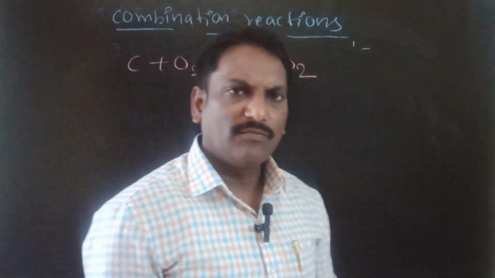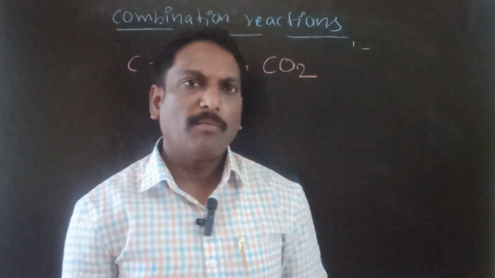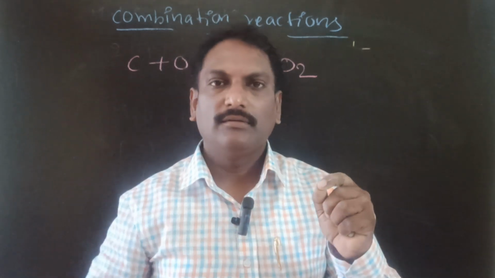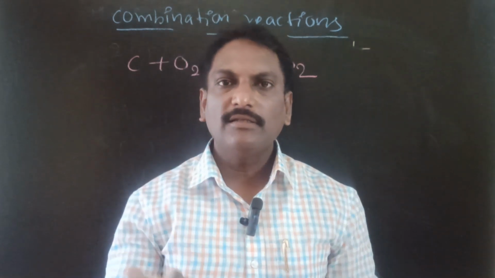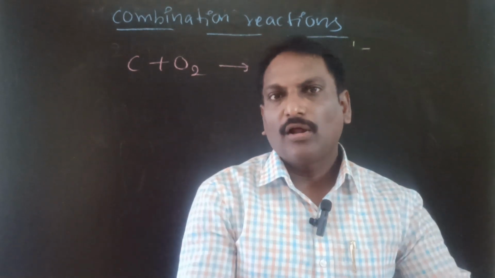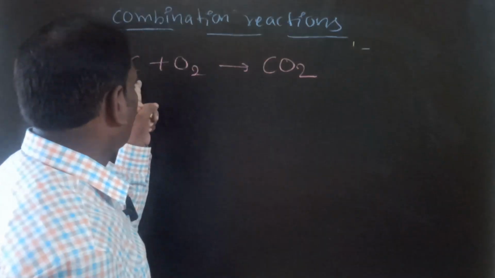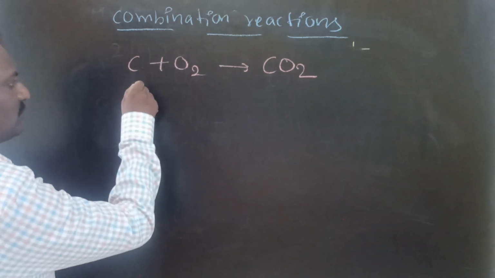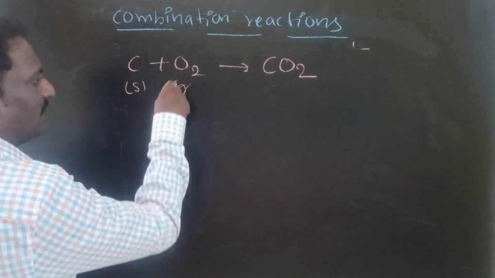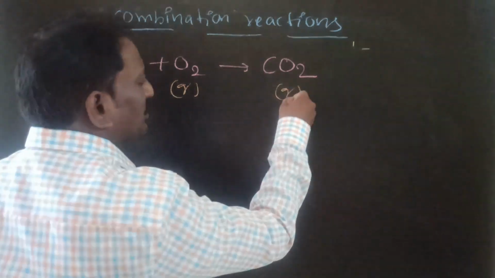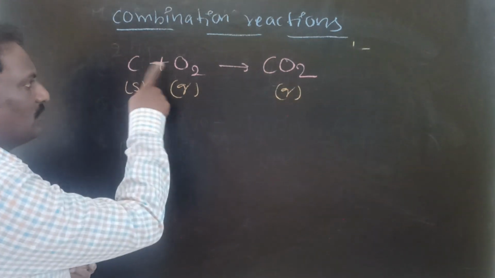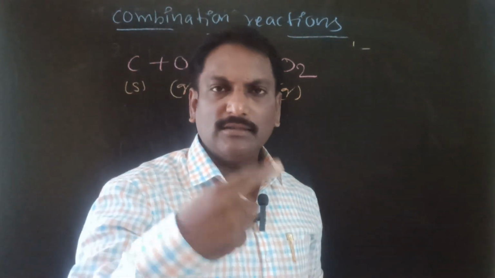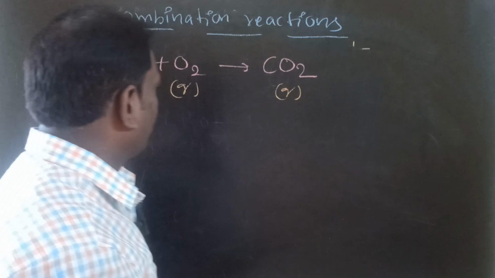Carbon is available in the form of paper, wood, whatever it is. So take one paper and burn it, you will get ash along with carbon dioxide. This one is solid, this one is gas, this one is gas. This is a combination reaction because two reactants take part in the reaction and you will get only one product.